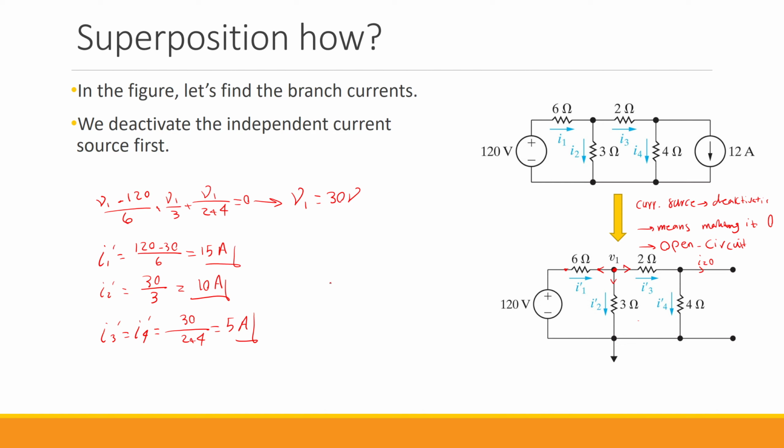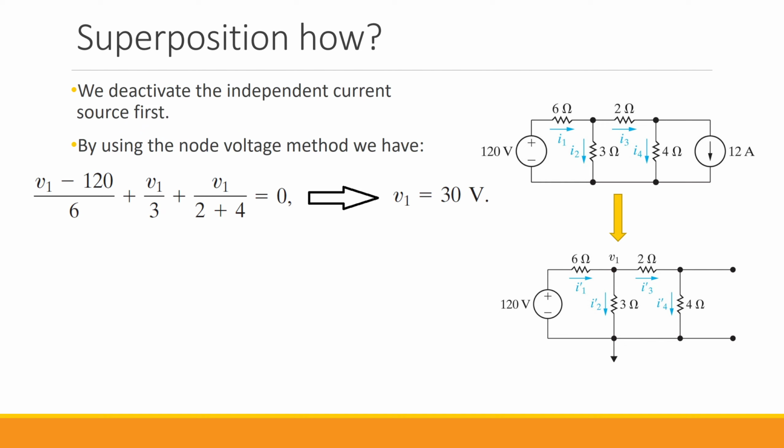So these are the currents that we get if we only apply this independent voltage source to our circuit and the current source being deactivated. So that, you can say, is the first step in finding the solution to this circuit using superposition principle. So I can rewrite it here again.